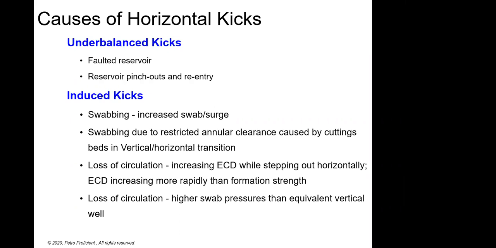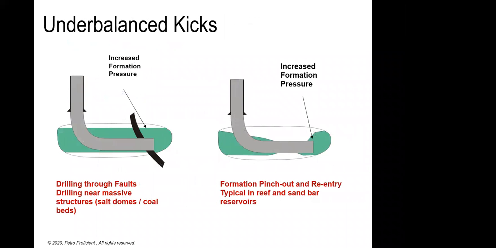ECD can increase suddenly, and with loss of circulation, directional wells can generate higher swab pressures than an equivalent vertical well. So these are some of the points of concern that we need to pay attention to when dealing with horizontal wells, and they can cause an influx that needs to be controlled.